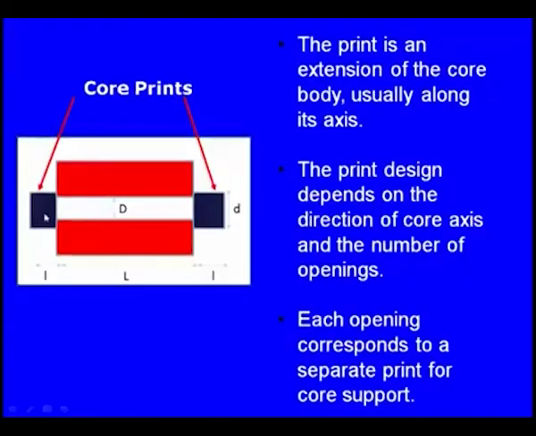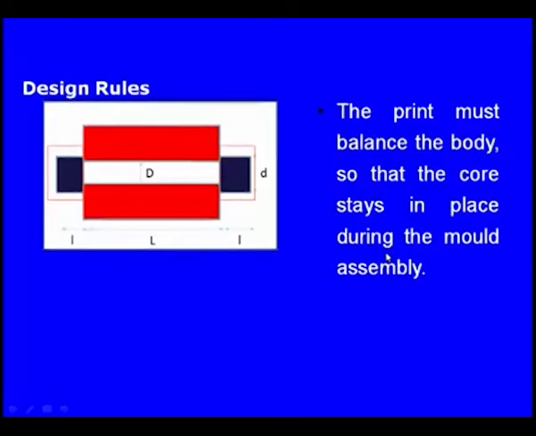The print design depends on the direction of the core axis and the number of openings. Each opening corresponds to a separate print for core support. Next, the print must balance the body so that the core stays in place during the mold assembly. So, it must balance the body of the core.